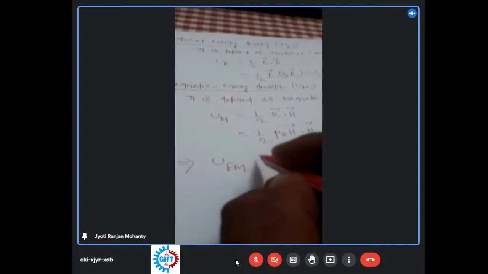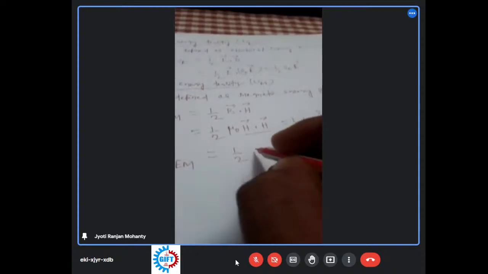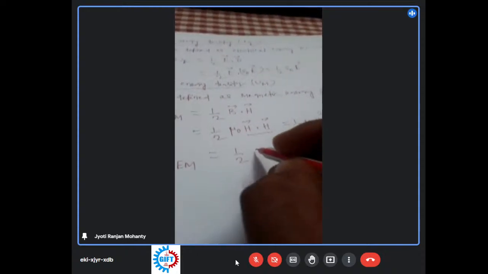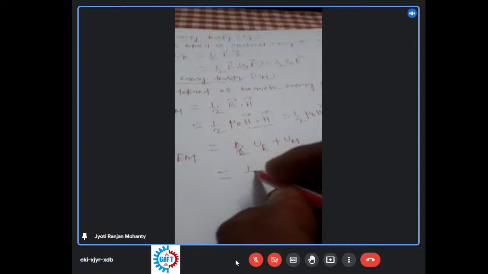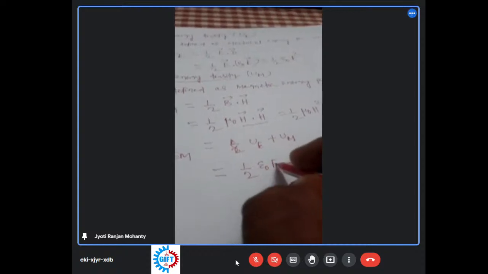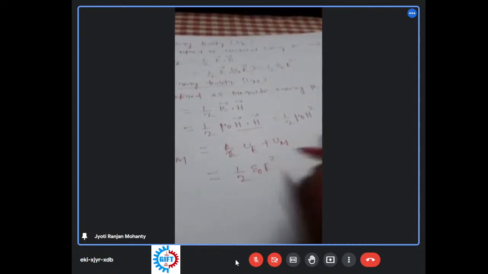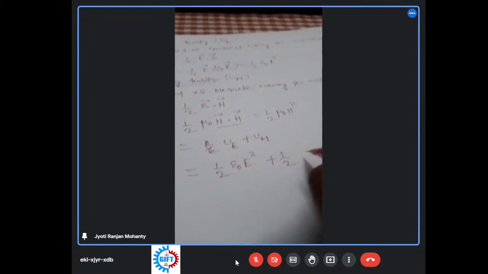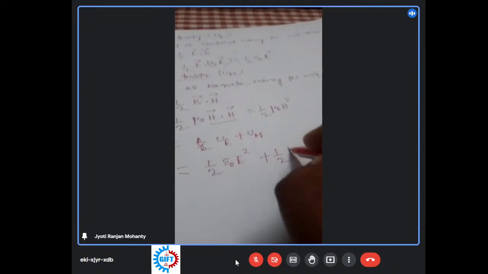This is in free space. So the electromagnetic energy density is half epsilon 0 into E square plus half mu 0 into H square.